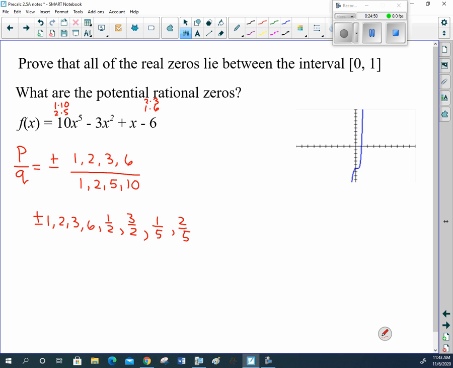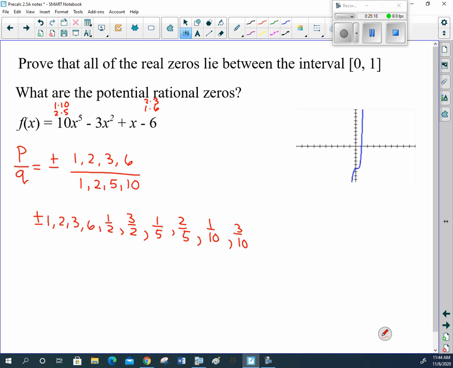And now we're going to move over to the 10. So it's 1 over 10. We always do the numerator divided by the denominator, so 1 over 10. Then the next one would be 2 over 10, but that one reduces to 1/5, we already have that one, right? And then 3 over 10, which is, oh, we don't have that one.